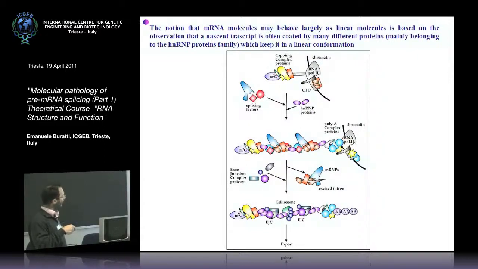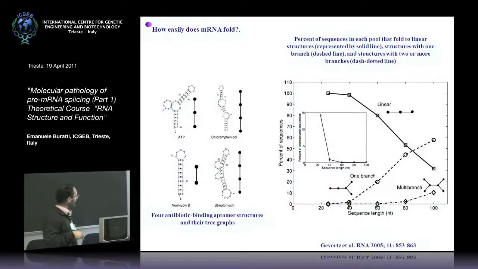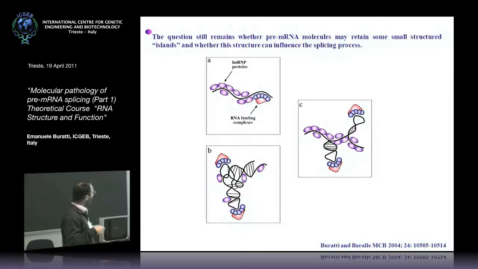These proteins normally belong to the hnRNP family of proteins, and what these proteins do is keep in check this tendency. So whenever you think of pre-mRNA, you should think of a situation where the RNA would normally tend to fold upon itself in a very tight manner, but because these proteins are binding to it, the number of structures that the messenger RNA can form is also a little bit limited.